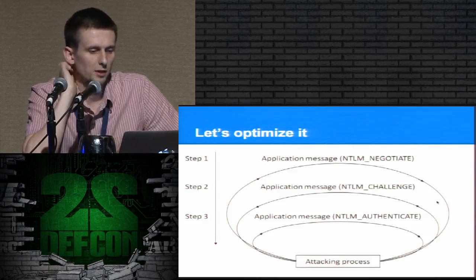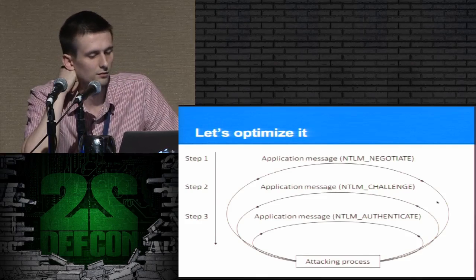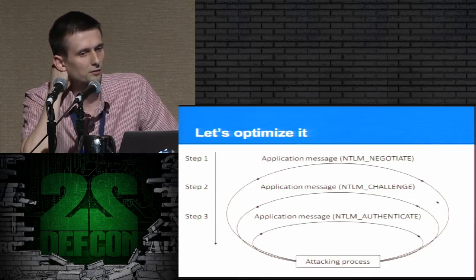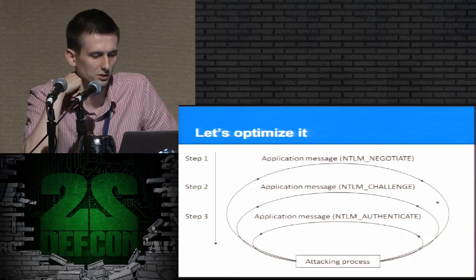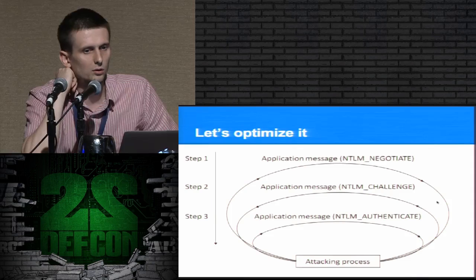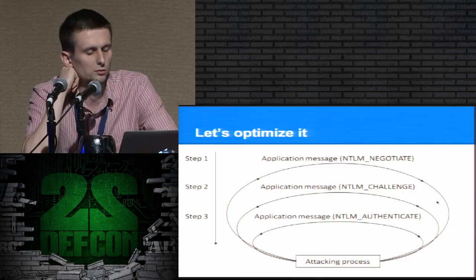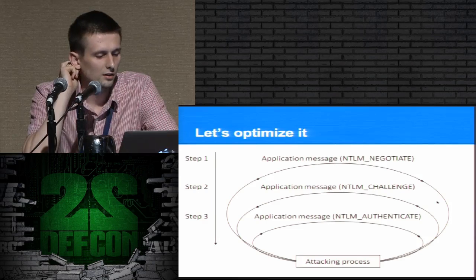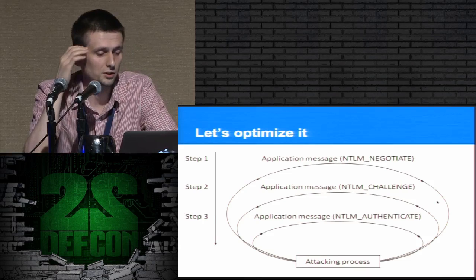So let's optimize the process. To attack SSPI, we should, for example, implement the server and the client application in one process. What does it mean? We will send message type 1, message type 2, and message type 3 from client to server in one application.